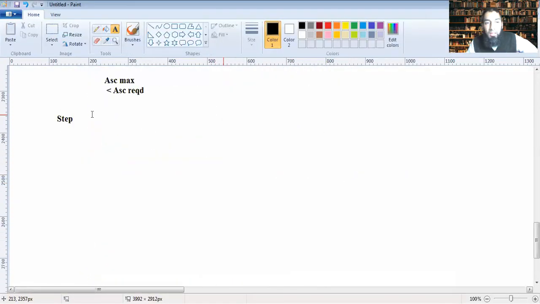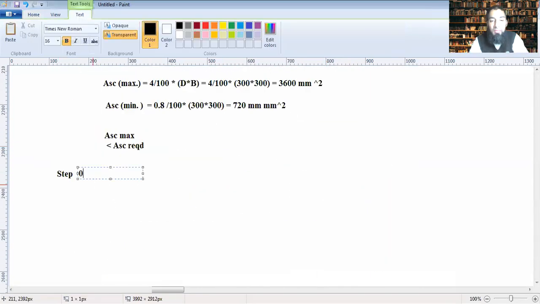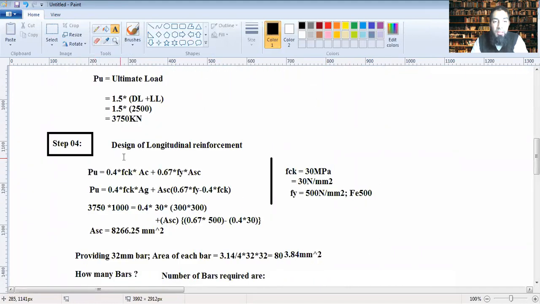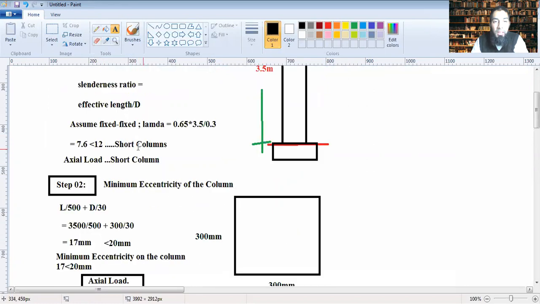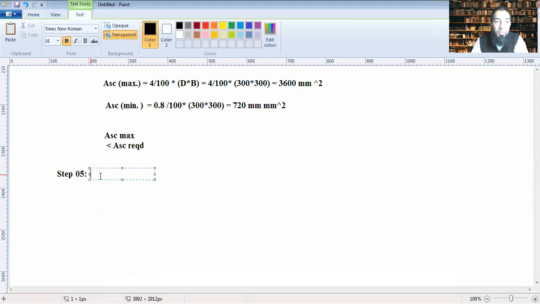Now you will revise. So you'll go back. This step number 5 is actually you're going back to step number, which one? This one. Minimum. You're checking from step number 1 itself.